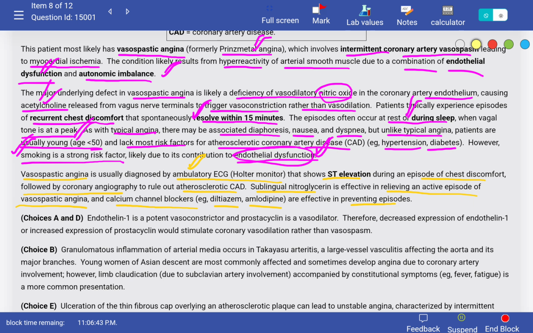Why not option A and D? Endothelin 1 is a potent vasoconstrictor, right? Not a vasodilator. And prostacyclin is a vasodilator, right? Therefore, decreased expression of endothelin 1 or increased expression of prostacyclin would stimulate coronary vasodilation rather than vasospasm, right?